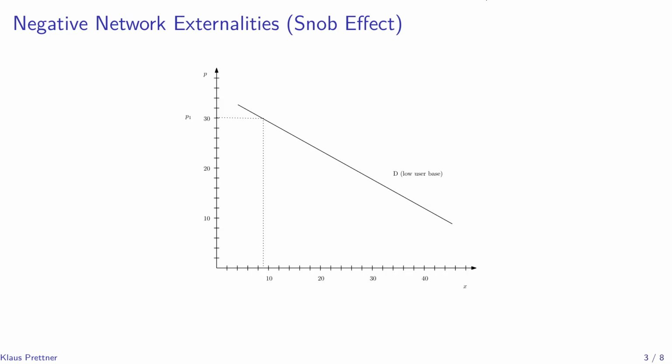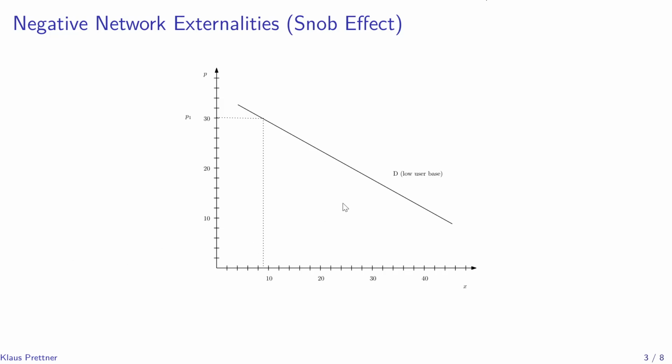As we draw it here, we again have the demand for the good on the horizontal axis and the price of the good on the vertical axis, and we assume that we start with an initial price of 30, leading to the demand level here, slightly below 10. Now it's important that the consumers here value the good precisely because it has some exclusivity, so not many people use it yet, so it's a low user base.